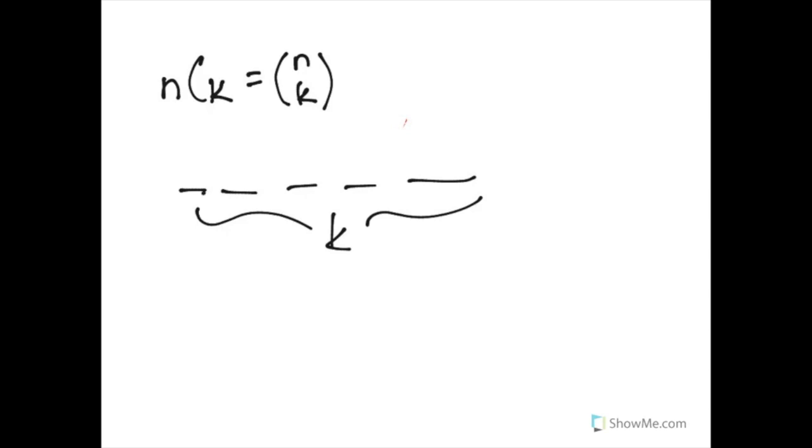There are n different choices here that we can choose for the first object. And then, since we have chosen one object already, there are n minus 1 objects we can choose for the second object. And then n minus 2 choices we have for the third object, and so on and so forth, until we get to n minus k plus 1.